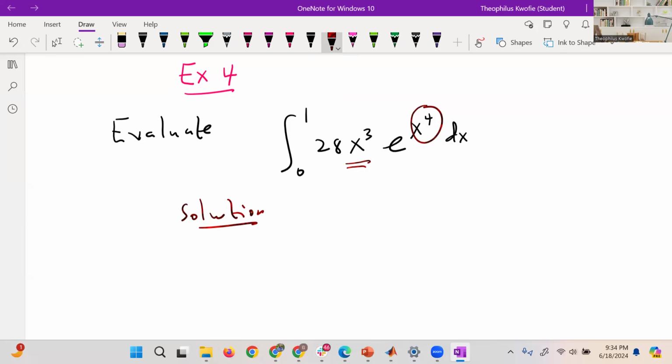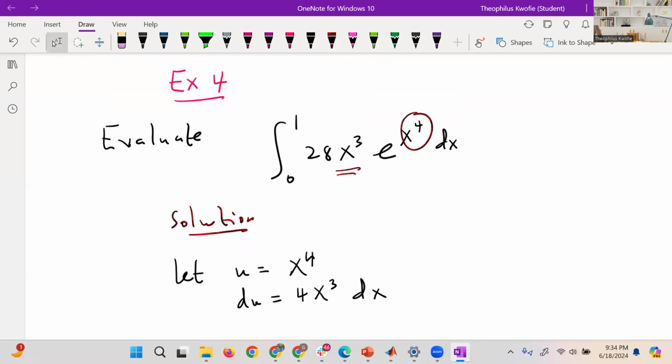What we kind of want to do is pull something out, but let's just get straight to the point so that I don't waste my time on this. So I can just say let u be equal to x to the power 4, which means my du will be 4x to the power 3 dx.